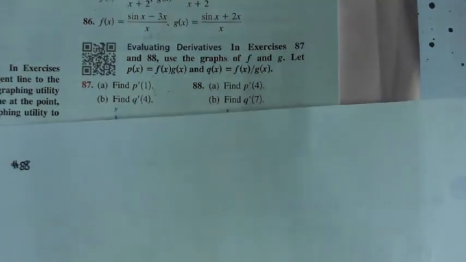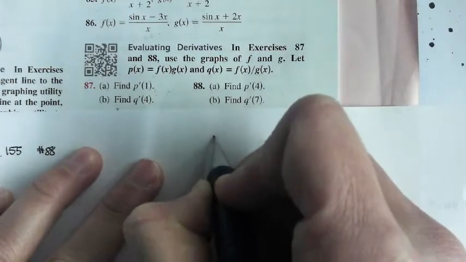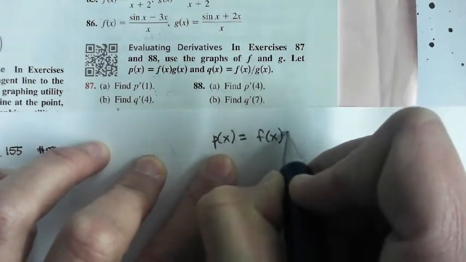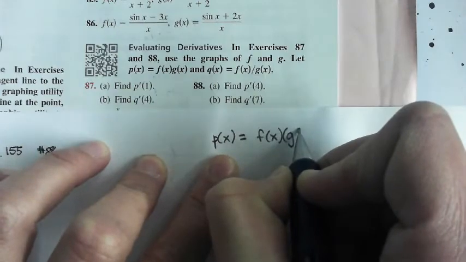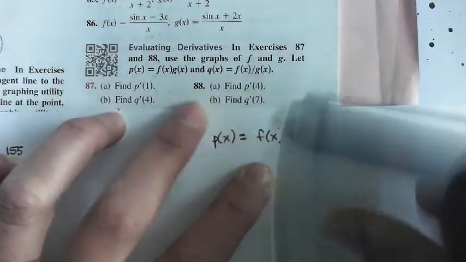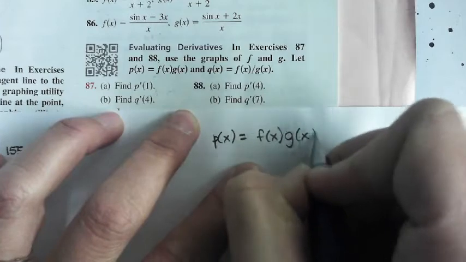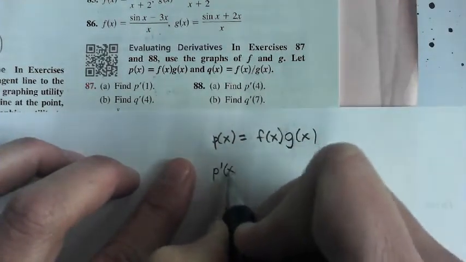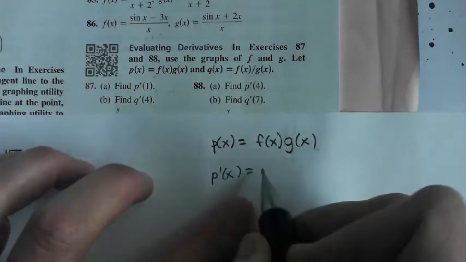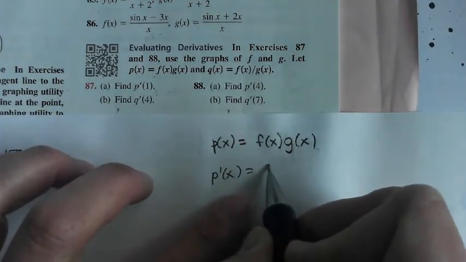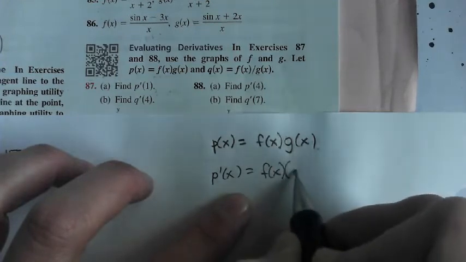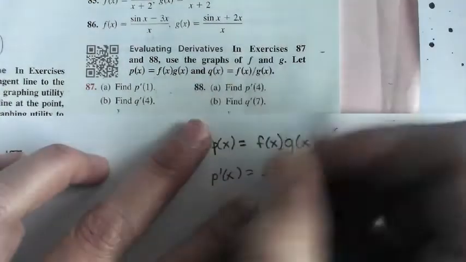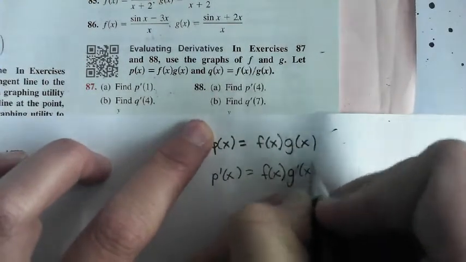In A, they want us to evaluate the derivative of p at 4. So let's see. P of x equals f of x times g of x. So if they want us to find the derivative of p, that's going to require what rule? Product: first times the derivative of the second. Derivative of g is g prime of x.